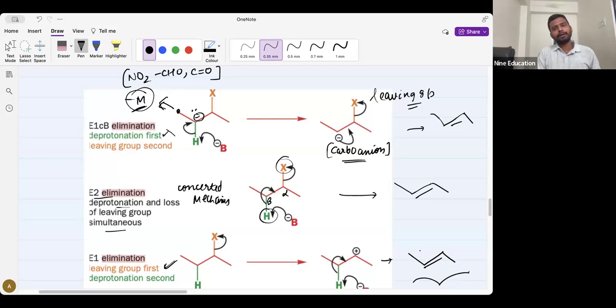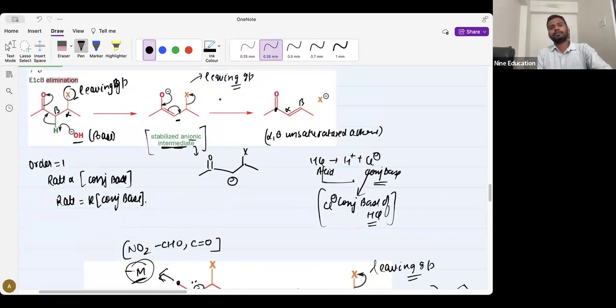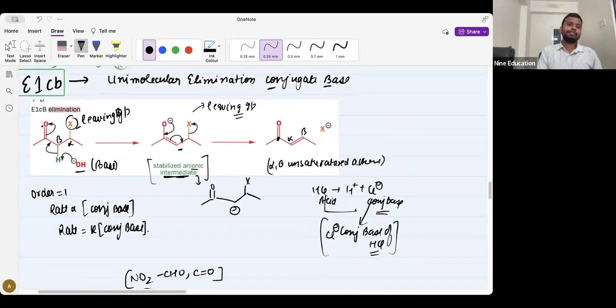Now oxygen can give again and will remove the leaving group as shown above. So this CO will act as a -M group. It took electrons towards itself and, attacking from here, pushed X out.